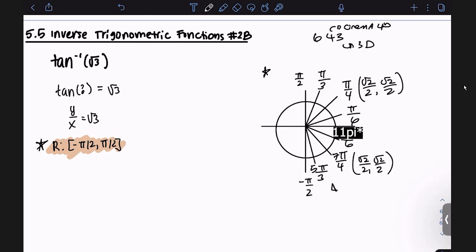This is actually negative y over here. And then the way that I know the other points is, first of all, I know that they all are going to have a denominator of 2.